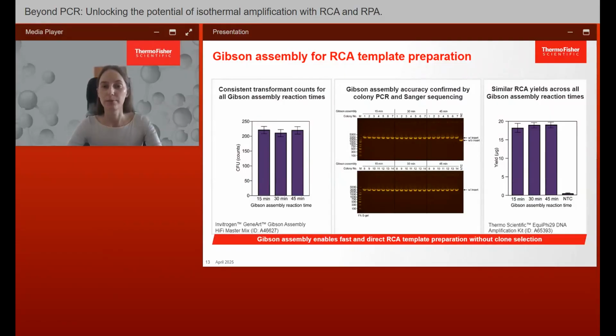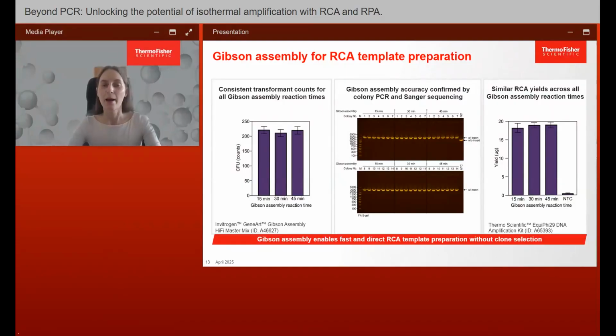And next, colony PCR confirmed the presence of the inserts in all tested clones, showing that the majority of assemblies are correct and clone selection is not necessary. So then we used 1 microliter of unpurified Gibson assembly products directly for RCA. So no cleanup, no purification, and RCA was efficient with consistent DNA yields.